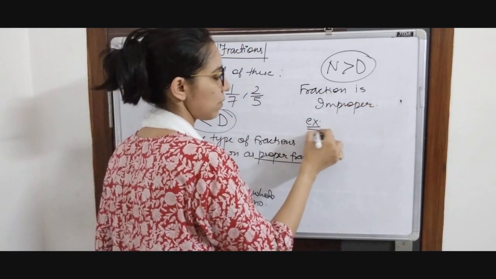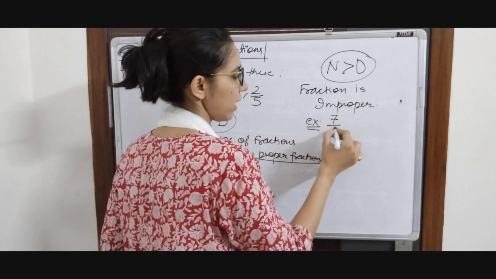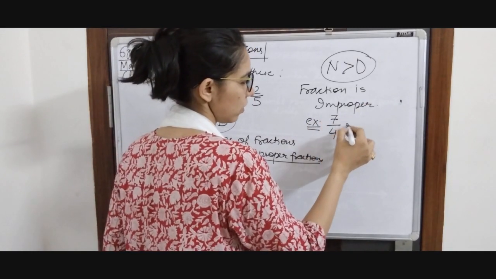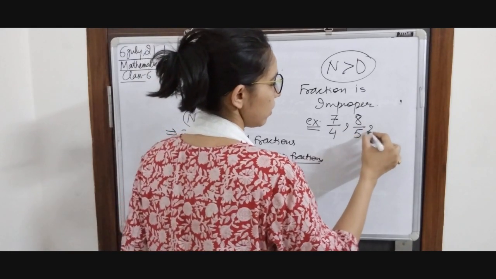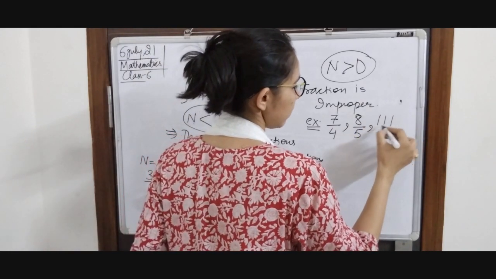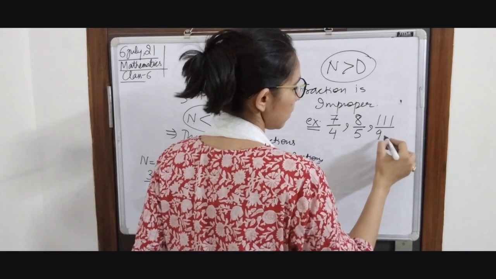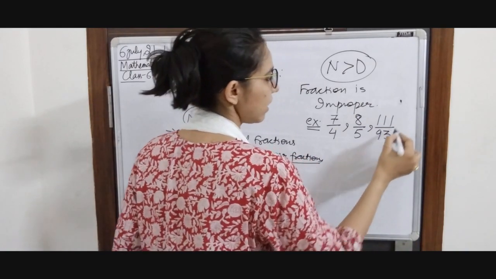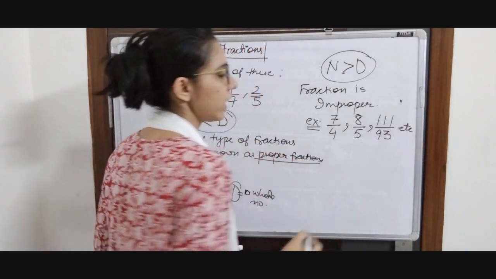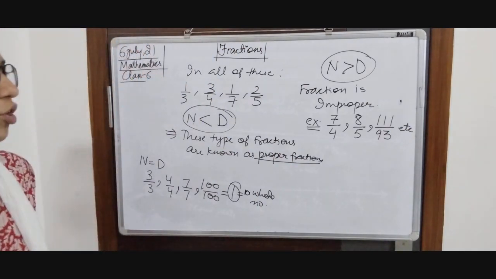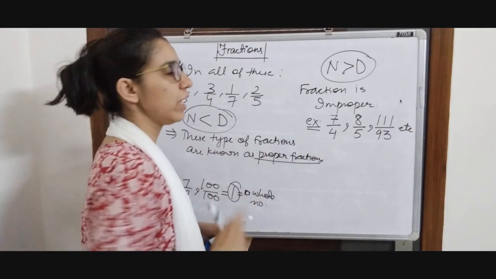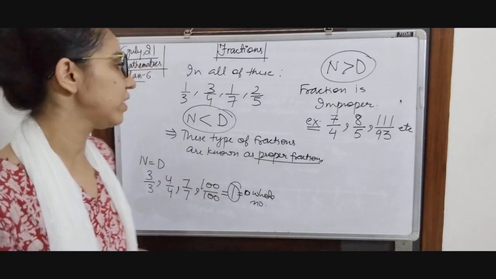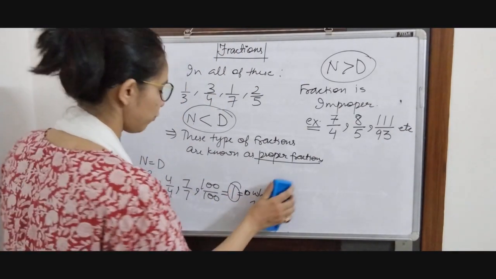You can take examples such as suppose 7 by 4, or 8 by 5, 111 by 93, and so on. You just need your numerator greater than denominator. So this is your improper fraction, and there are three types of fractions.